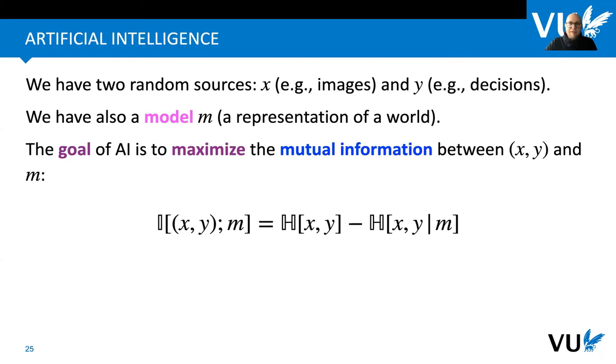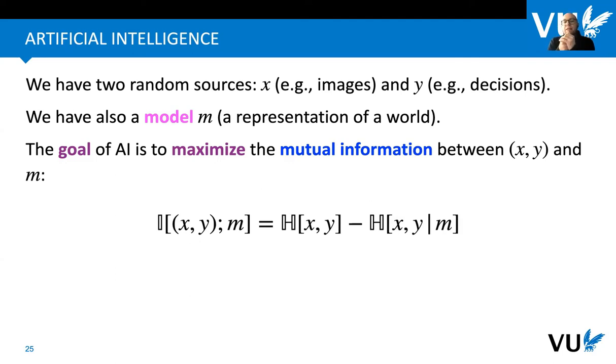So I claim that the goal of AI is to maximize the mutual information between our data sources and the model. In other words, the model wants to understand as much as possible about the surrounding world, and I can quantify it by using mutual information.